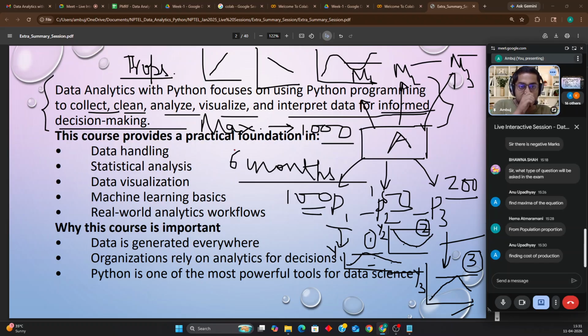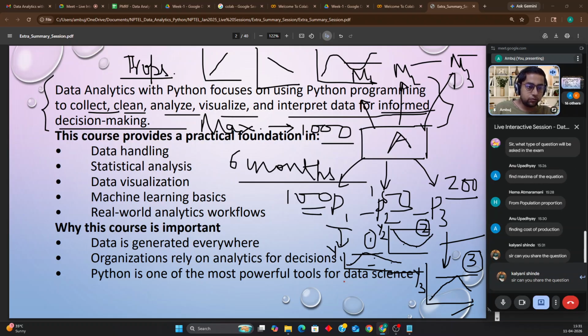The maximum capacity is 1000. In the previous month, suppose April, 100 units of P1 were sold, 150 units of P2, 200 units of P3. The trend of the sales of products P1, P2, and P3 is here in this particular graph: one graph, second graph, third graph.